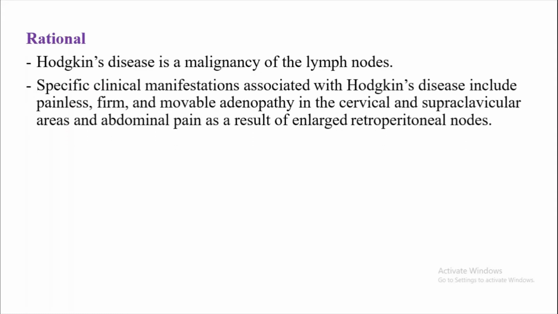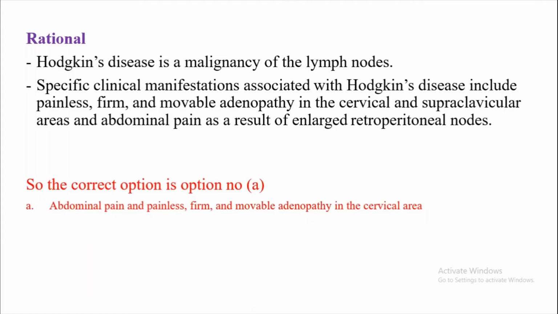A specific clinical manifestation associated with Hodgkin's disease includes painless, firm and movable adenopathy in the cervical and supraclavicular areas, and abdominal pain as a result of enlarged retroperitoneal nodes. So the correct option is option number A.